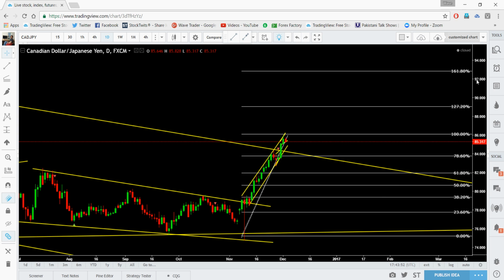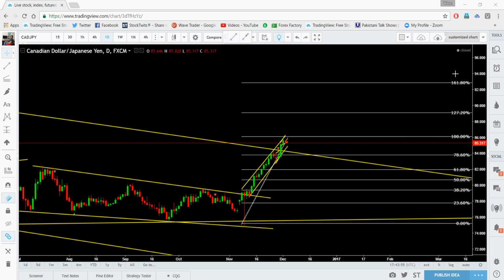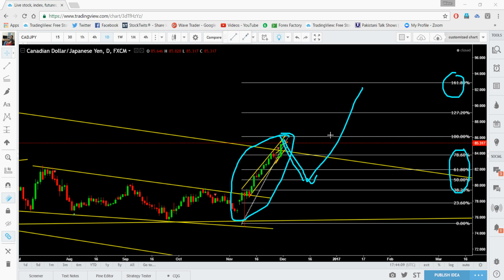So they anticipate the next impulse. Something like that. They anticipate extension of this previous impulse, and look to buy somewhere here up to this level, or 127 or 161.